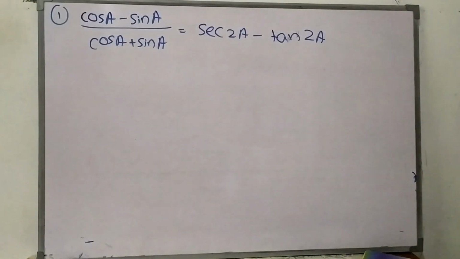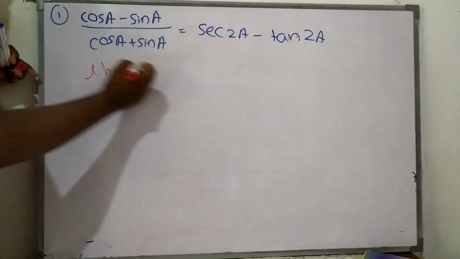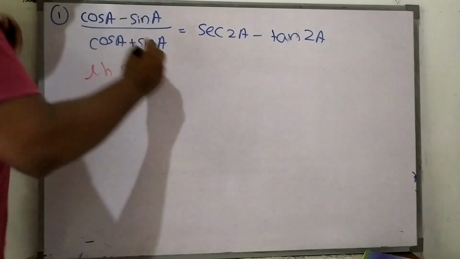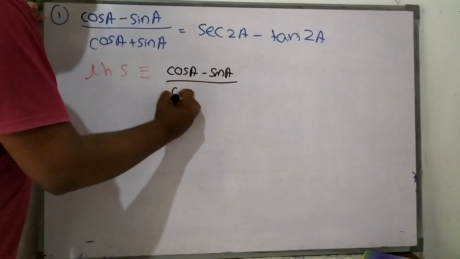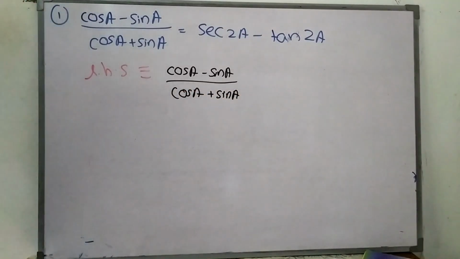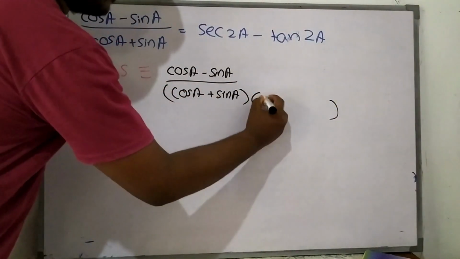Okay children, how to solve this? I'm just going to start from the left hand side. Alright, so I'm going to multiply by the conjugate of the denominator.